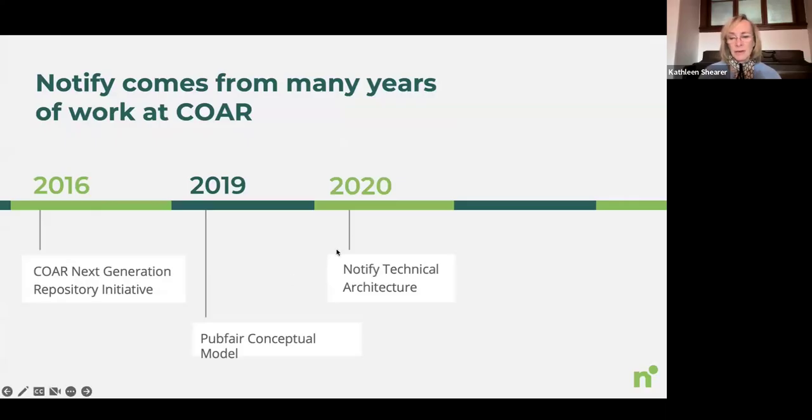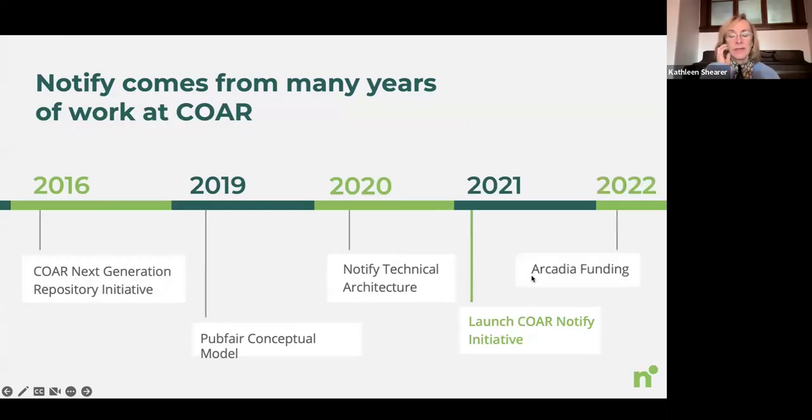So we developed a conceptual model essentially in 2020, and we launched the project in 2021, and we received a significant amount of funding through the Arcadia Foundation to be able to advance the adoption of COAR Notify. So we have quite a bit of money that we are using to develop the protocol, provide support, but also sub-grants to invest in the development of services and infrastructures and platforms that want to adopt this functionality.